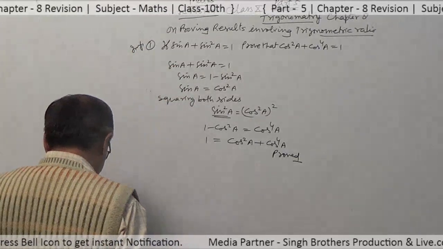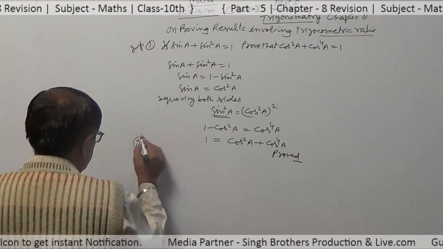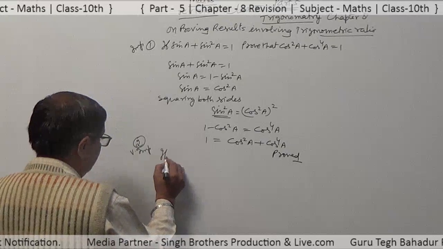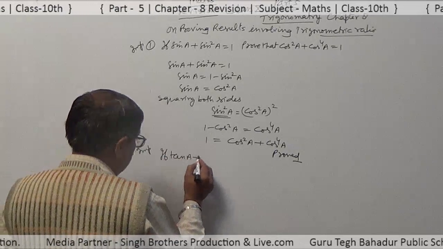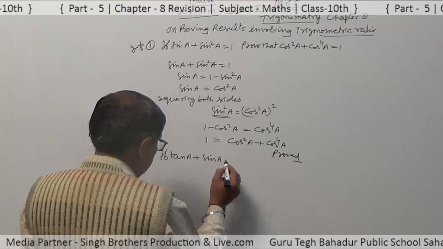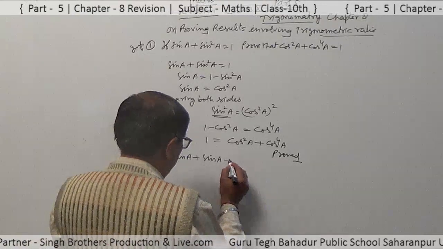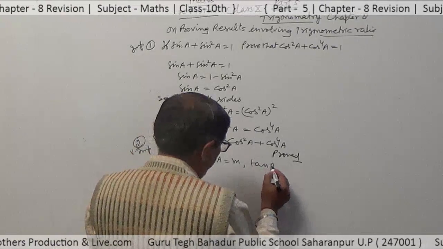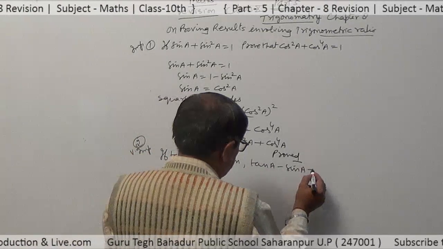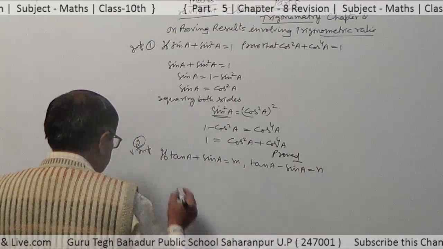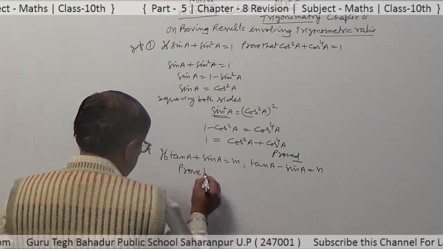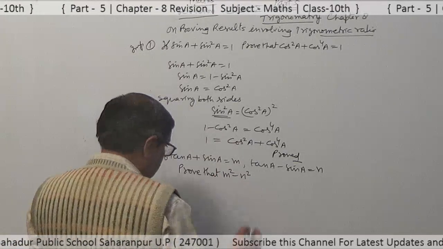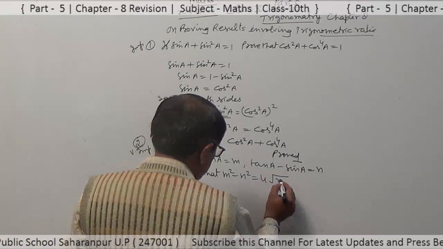See the second question. It is also very important. If tan A plus sin A is equal to m, tan A minus sin A is equal to n, prove that m square minus n square is equal to 4 root mn.